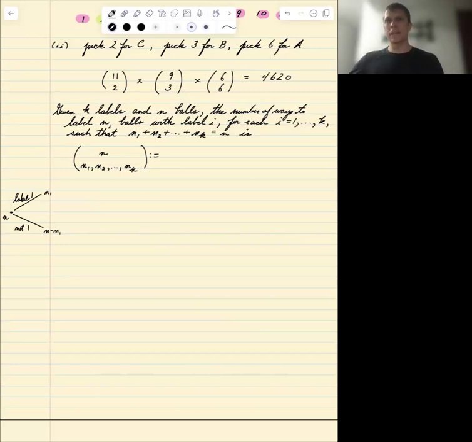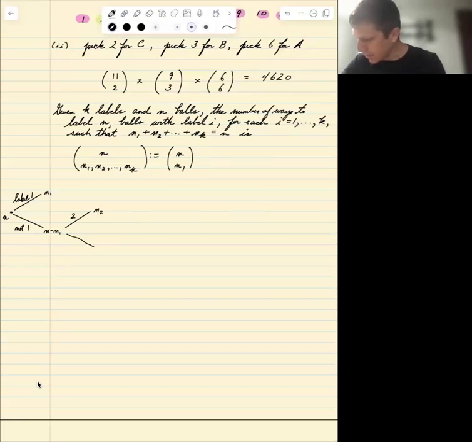No matter which balls get labeled, there's always n minus n1 left. So this is the binomial choice. So step one is n choose n1. Now at step two, multiplication rule, there's always n minus n1 left. We assign label 2 to n sub 2 of them. So how many do not get labeled 2?